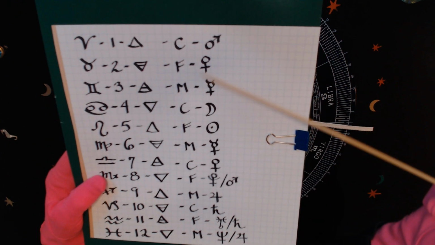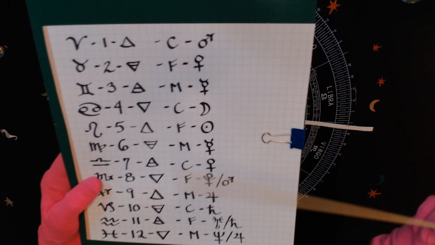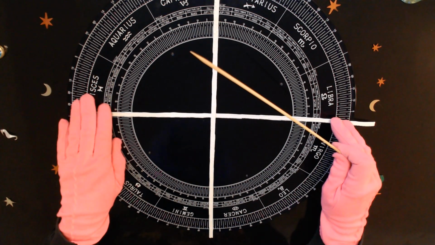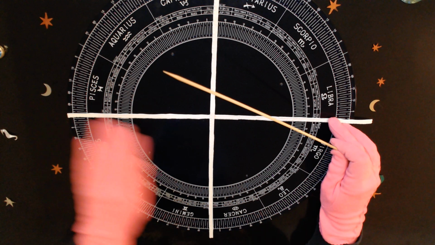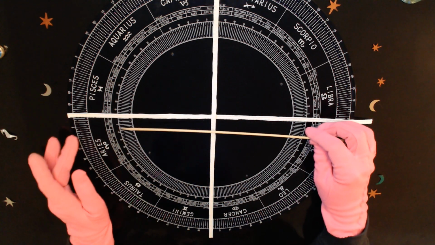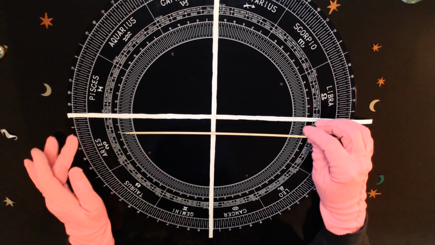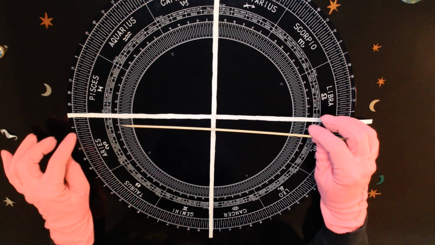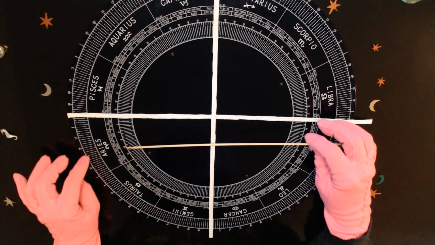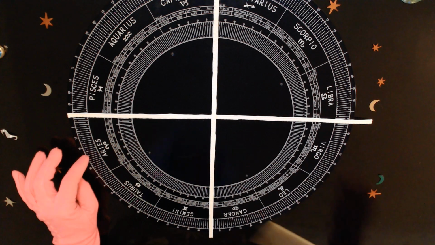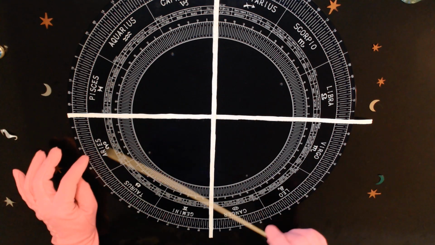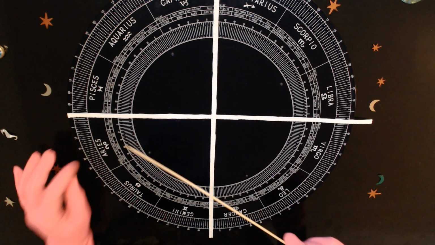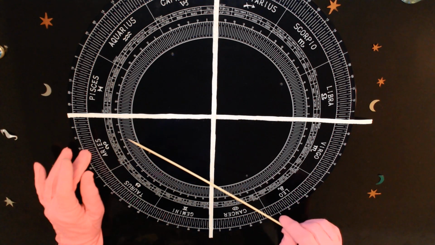But we're going to be focused on this cardinal fixed mutable pattern. So the decans are based on that pattern. So Aries is a cardinal sign, right? Cardinal fire. So that first 10 degrees is Aries, Aries. The second 10 degrees, cardinal fixed fire, is going to be, that person's going to be Aries, or whatever planets you're looking at.